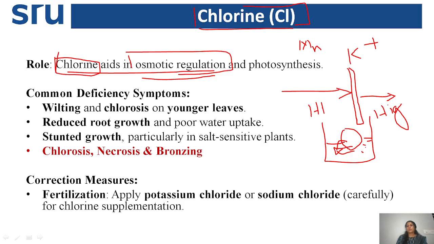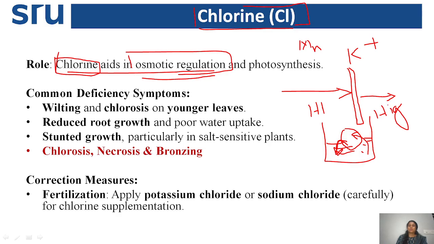If you place a cell in a hypotonic solution, meaning the water is more and salt is less, the water moves from outside to inside. We call it endosmosis. During stress, salinity, water stress or drought, water moves from inside to outside because the concentration is high outside and water content is less outside.